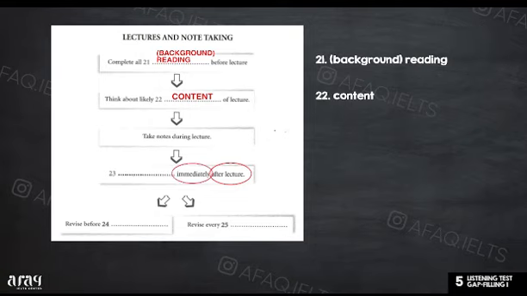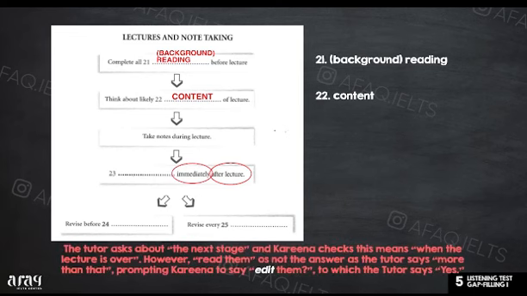In the audio you have, of course, the tutor asks about the next stage. And Karina checks this means when the lecture is over. However, the word read them is not the answer, as the tutor says more than that.